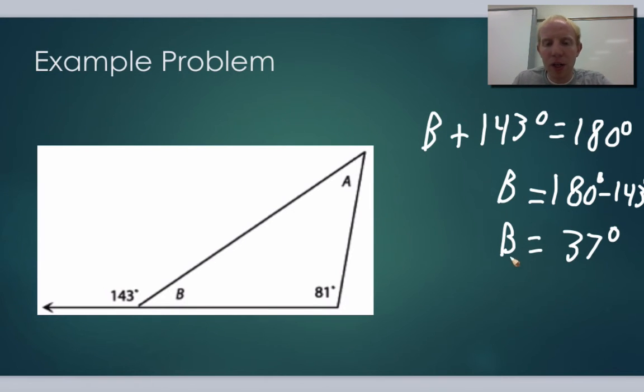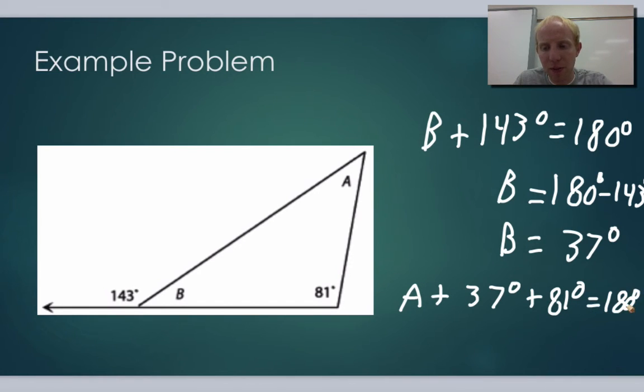Now we can use the triangle sum theorem to figure out the measure of A. Because A, B, and 81 degrees are all inside the triangle, so if we write this out, A plus B, which is 37 degrees, plus 81 degrees must add up to 180 by the triangle sum theorem.